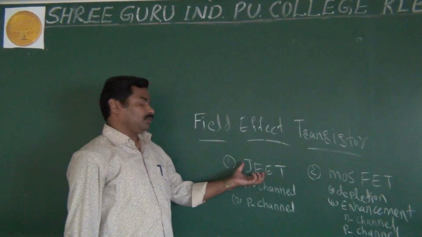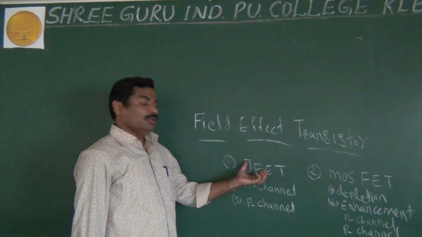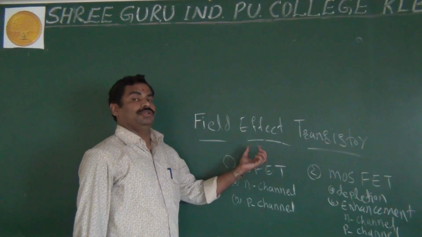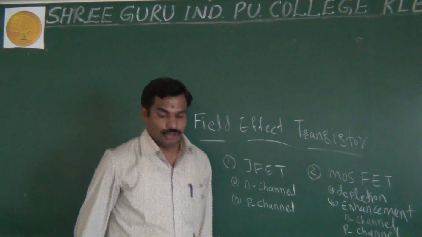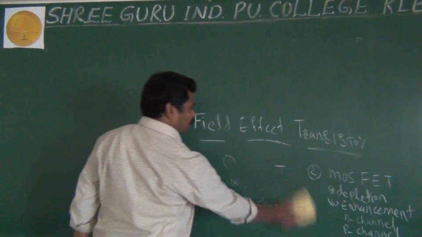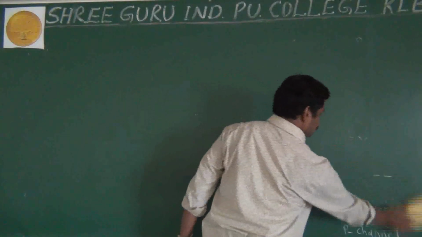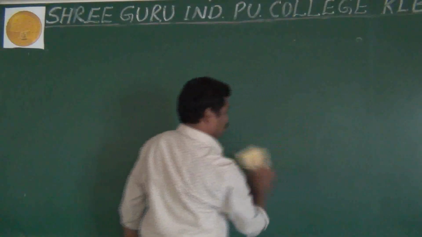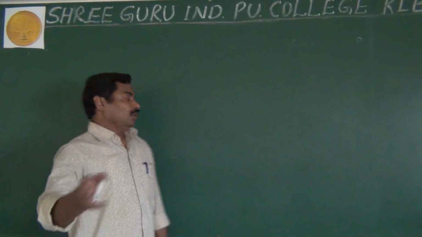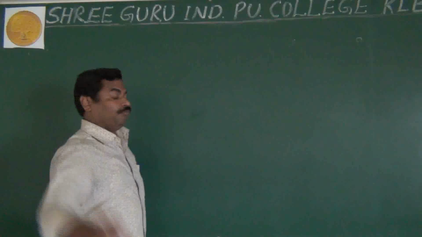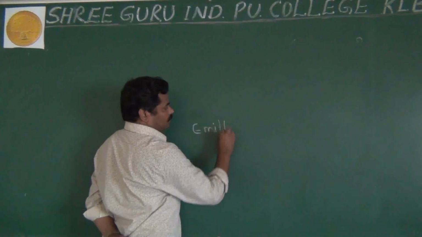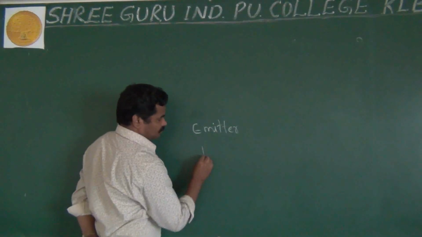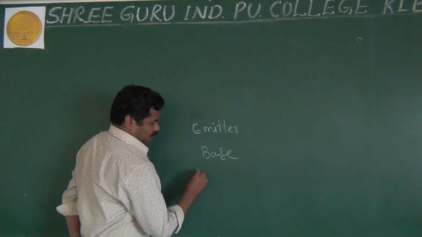Now we go on to the three terminals. What are the three terminals, what are their functions, and what is the use of those three terminals? We will go for that. As we know already, in your BJT you have three terminals: emitter, base and collector.